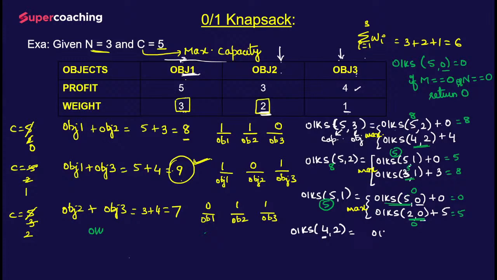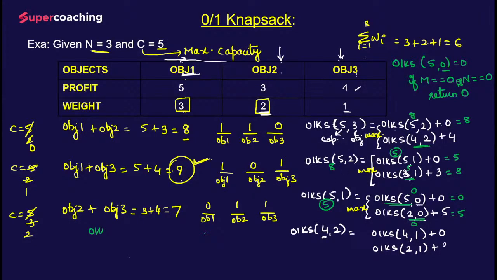So if the object is rejected, capacity remains the same. आपने object लिया ही नहीं, capacity remains the same, and then we are considering the next object. Because the object is not taken, so profit will not be assigned. Next, 0 1 knapsack, if the object is taken, capacity will be updated to 2 because 4 minus 2 is 2. Consider the next object.